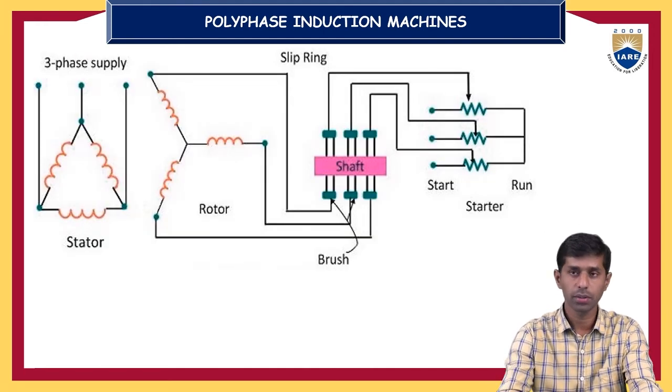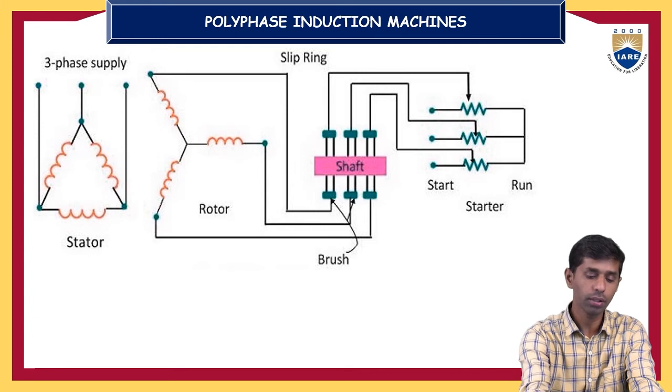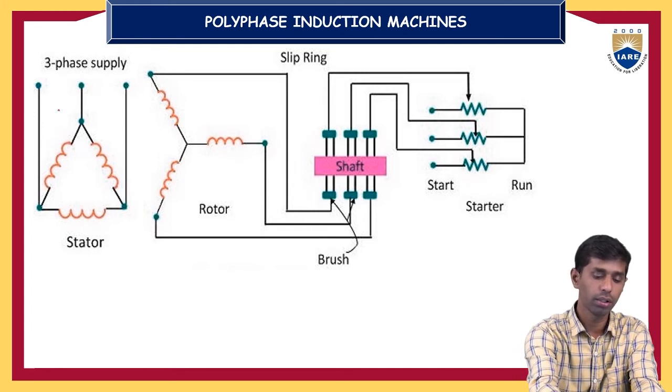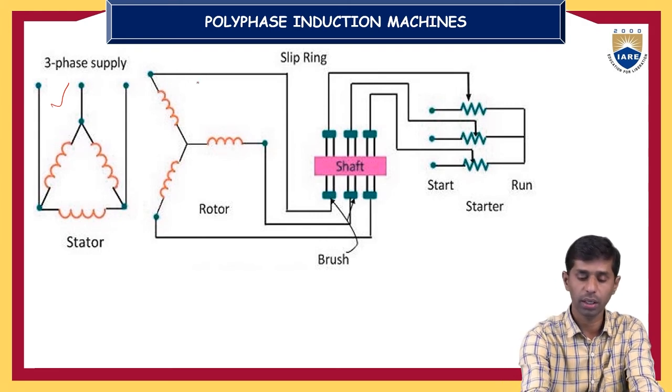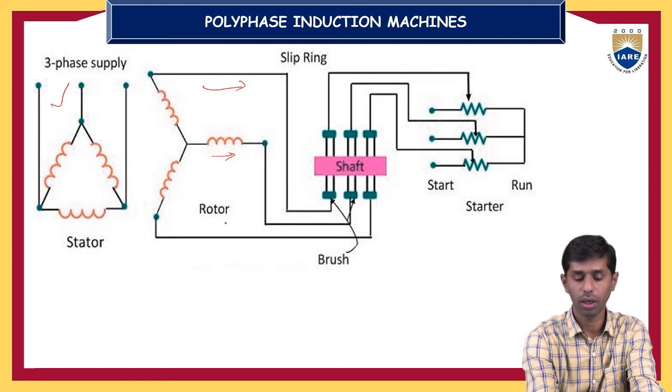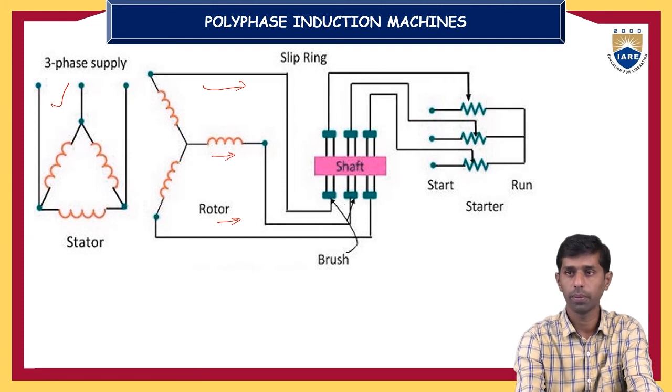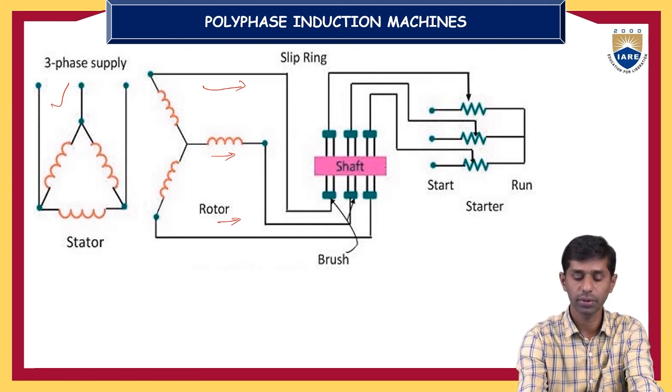You can see here the slip ring induction motor, with the stator winding either star or delta connected. Here we are taking a delta connected stator winding and a star connected rotor winding, R, Y and B. These three phases are connected to slip rings which are placed on the shaft.